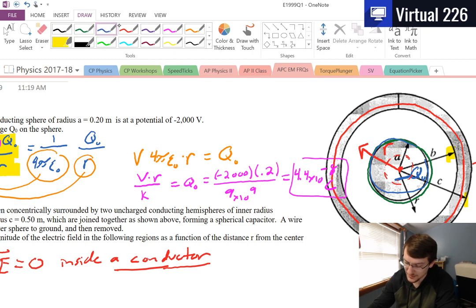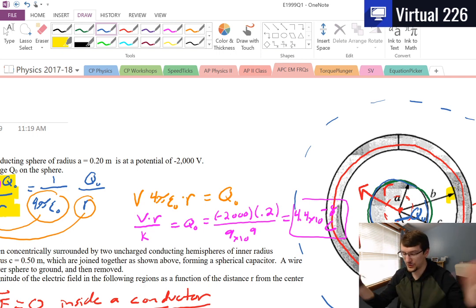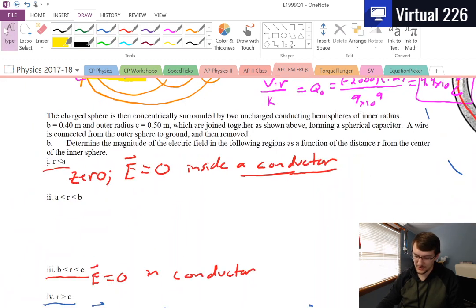And when we set up our Gaussian spheres on the outside of this, our charge enclosed is positive Q naught minus Q naught, which is 0. They cancel each other out. So your total charge enclosed is equal to nothing, so your electric field must equal nothing as well. So that's how you do number 4.